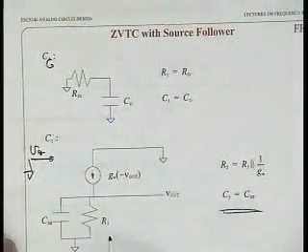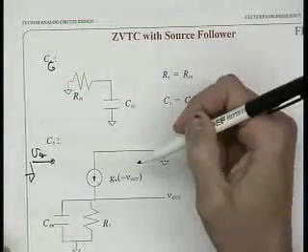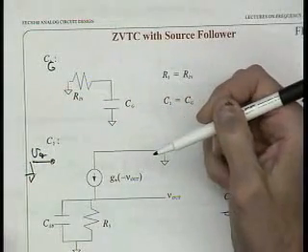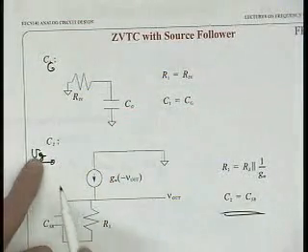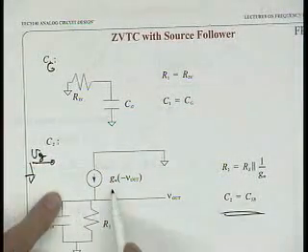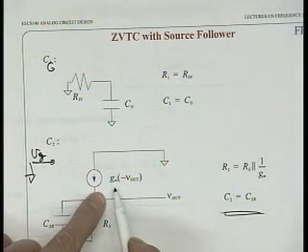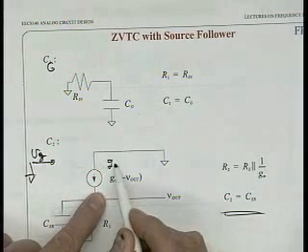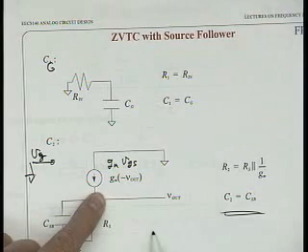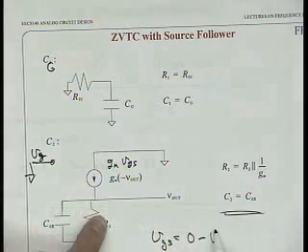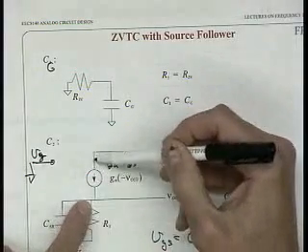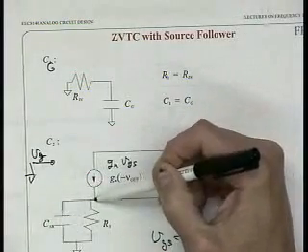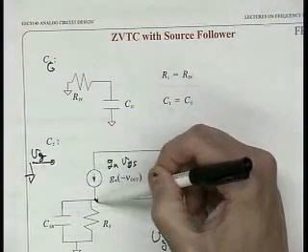This is VG, which is set to ground. So this is gm times VGS, but VGS is equal to 0 minus Vout. So we have 0 minus Vout through a dependent source connected to this node.